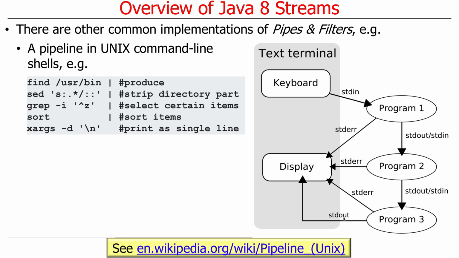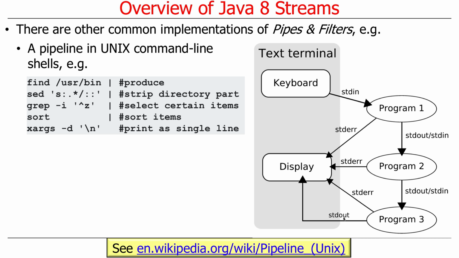We could then match something, looking for something that began with Z. Then the output of that would be fed through the sort command, and then you could remove all of the new lines and print the result in a single line. So that's a good example of a command line instruction you could give in the Unix shell that would be the pipes and filters pattern.